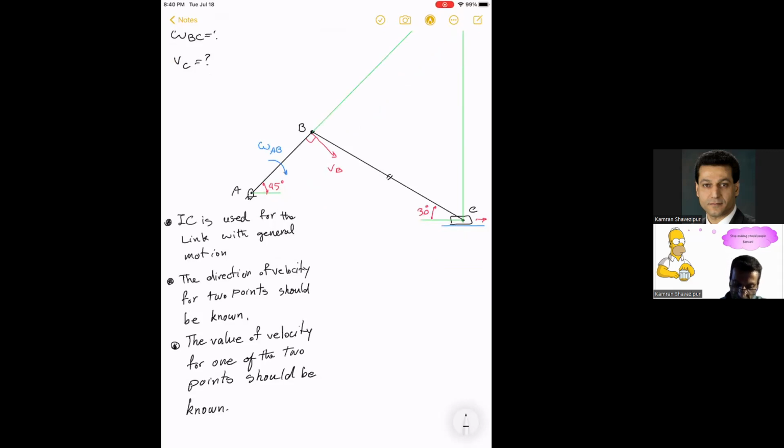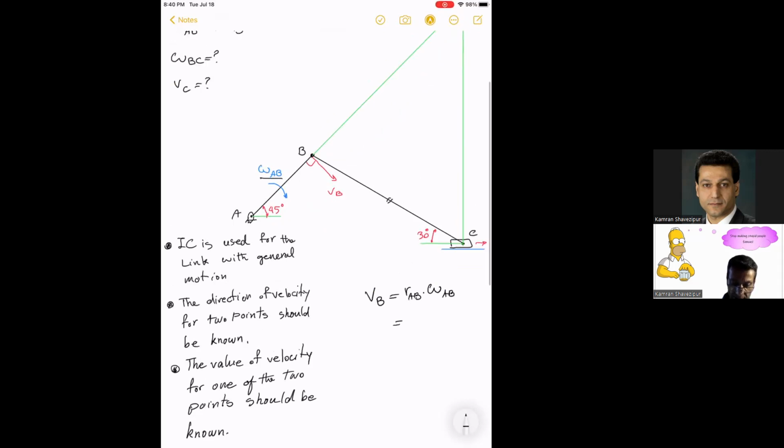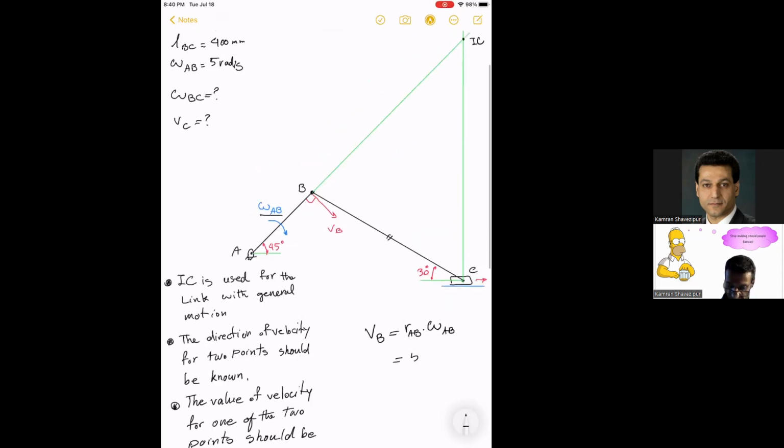In this case, because omega AB is given, I can find velocity of B. VB is equal to RAB times omega AB. And if we calculate this, it is 5 times 0.2, so VB is 1 meter per second.